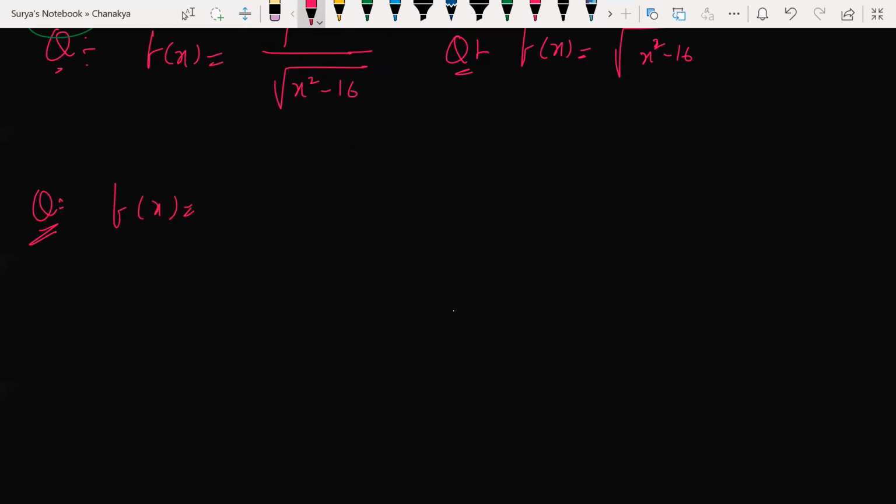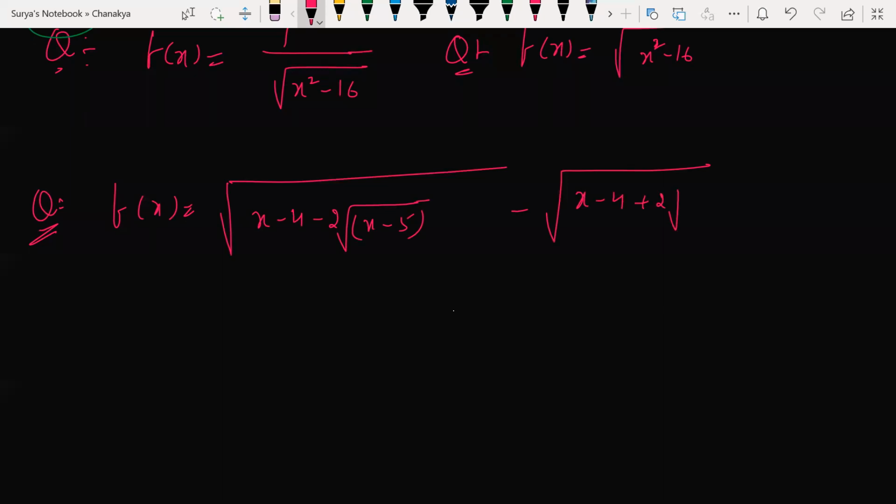F of x is equal to square root of x minus 4 minus 2, minus square root of x minus 4 plus 2 times of x minus 5.